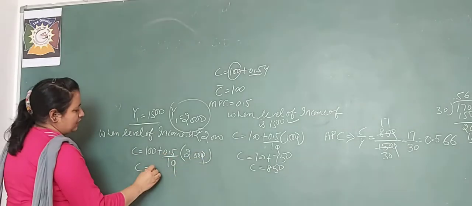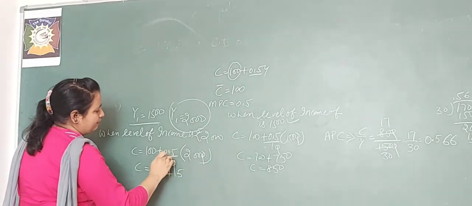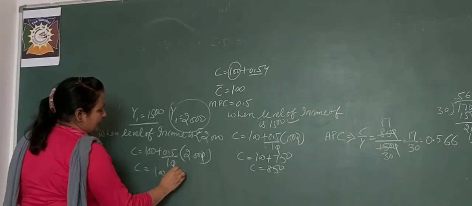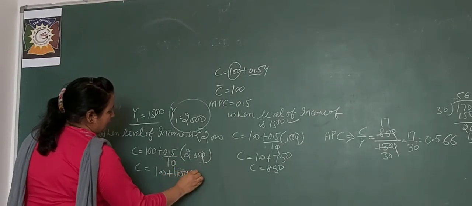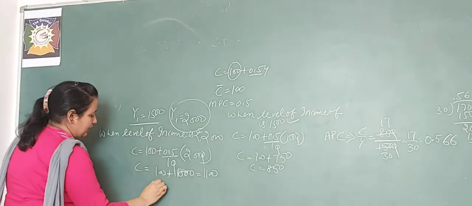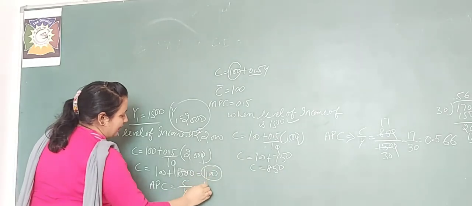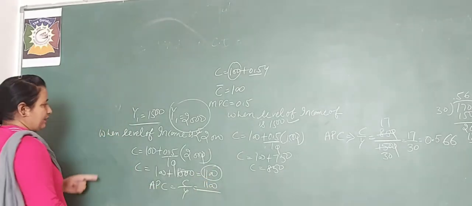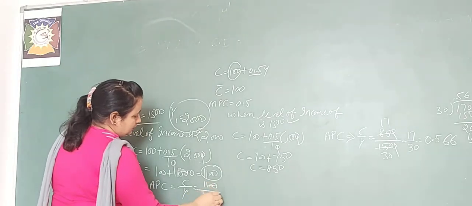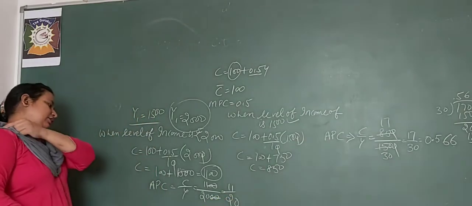It means what will C be? 5 multiply, point will be removed, 200 multiply 5, that will be 1000. It means 1100. I will find APC. Formula C upon Y. C we have 1100 and Y we have 2000. Now I will find 11 upon 20.